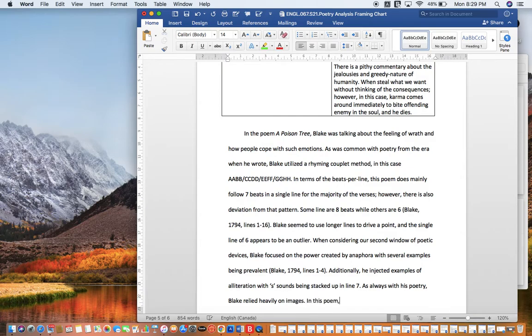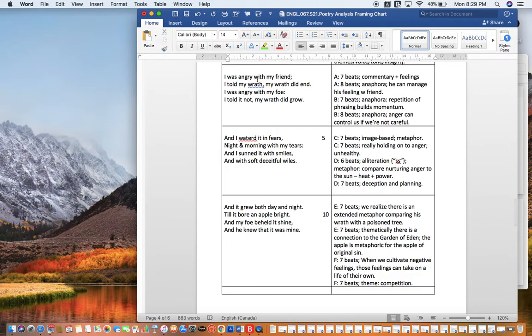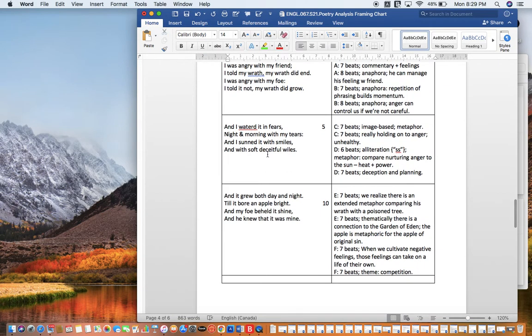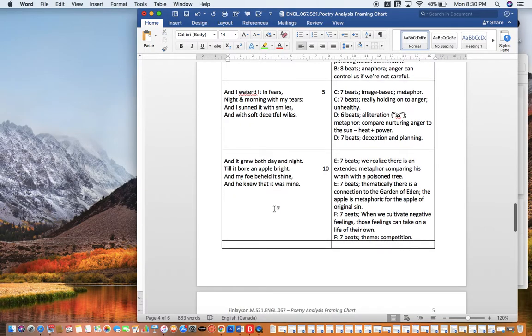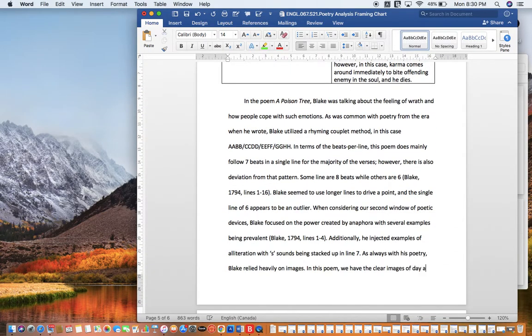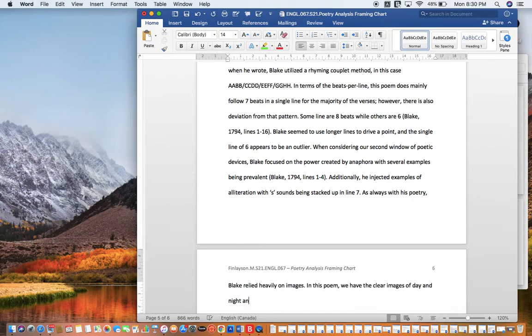In this poem, we have the clear images of day and night, and the opposition of light and dark can be seen to reflect the moral question being asked here.